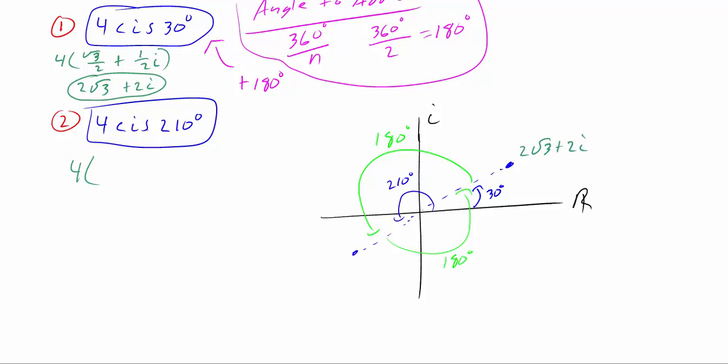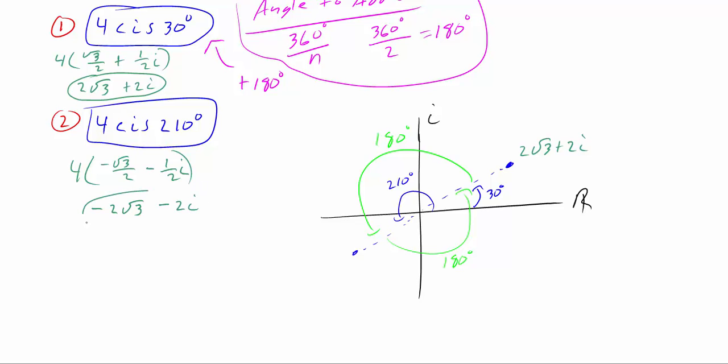And that's given us this point here, 2 square root of 3 plus 2i. And then we could do the same thing down here. This would be 4 times the cosine of 210, and the cosine of 210 would be a negative square root of 3 over 2, plus the sine of 210, which would be a negative 1/2, and that's 1/2 i. So if we multiply by 4, we're going to get a negative 2 square root of 3 and a negative 2i.